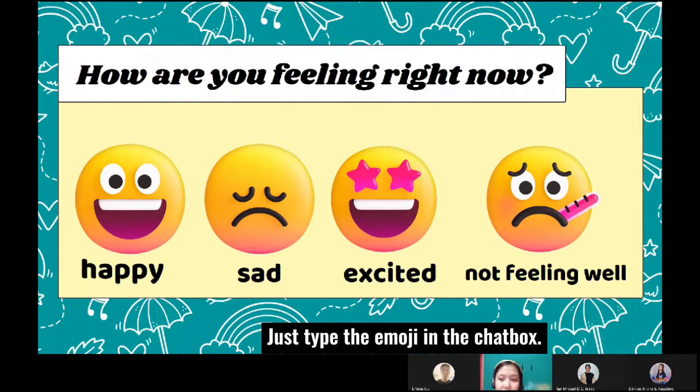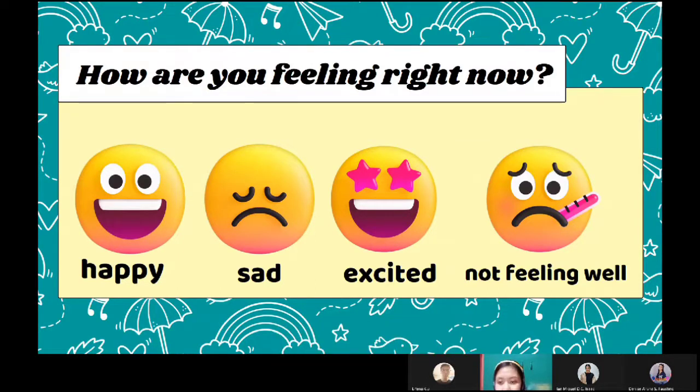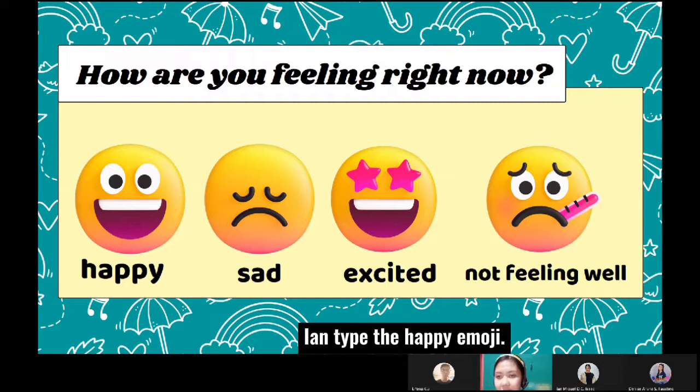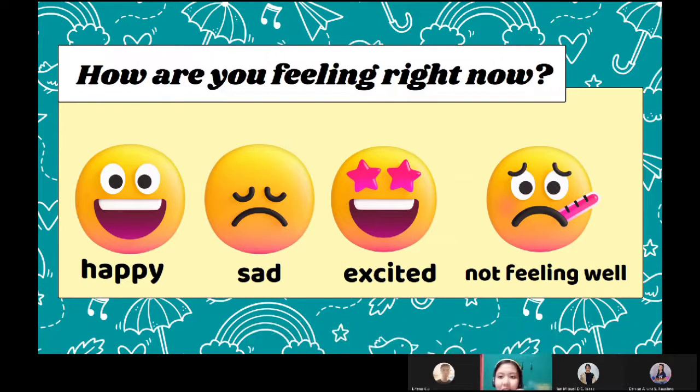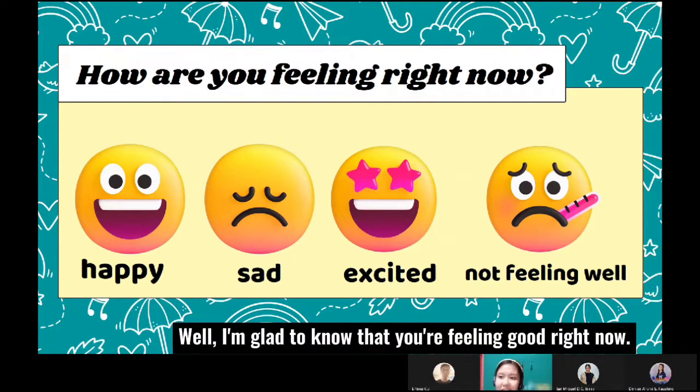So just type the emoji in the chat box. Okay. Ian typed the happy emoji. Okay, Lai Feng input the excited emoji. Well, I'm glad to know that you're feeling good right now.